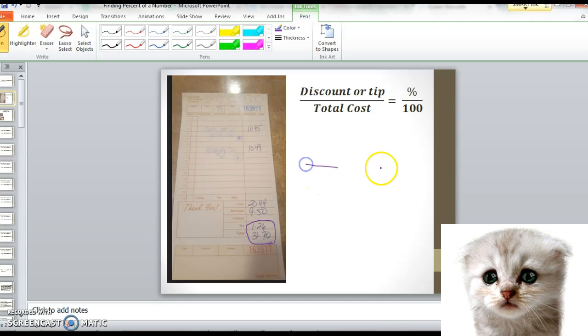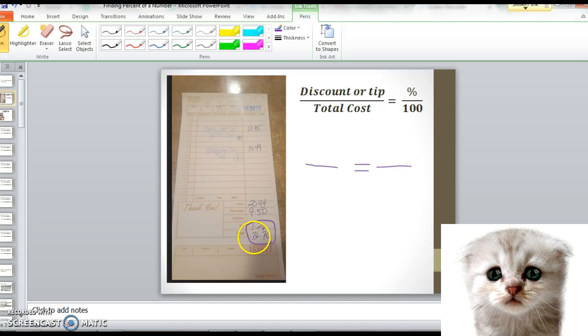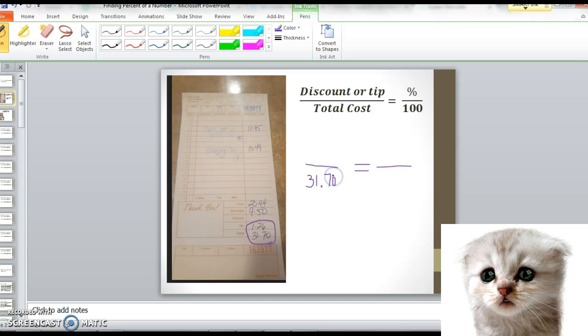We have two fractions that are proportional to each other. The total cost of the bill goes in the denominator. So $31.70. I want to tip my waitress 20%. The percent is always out of 100.